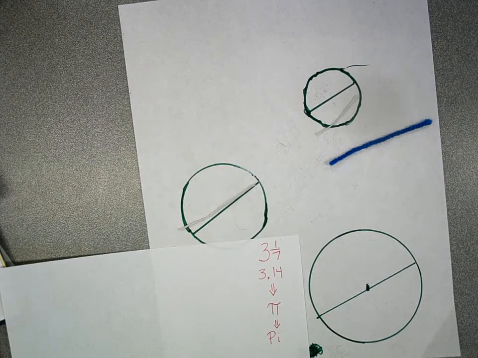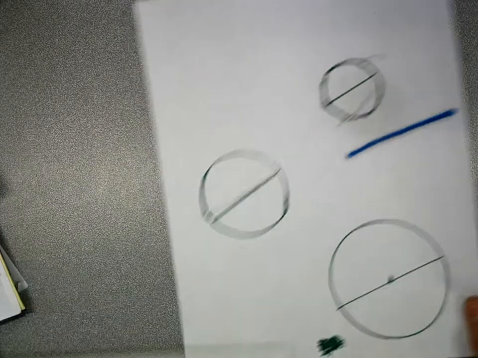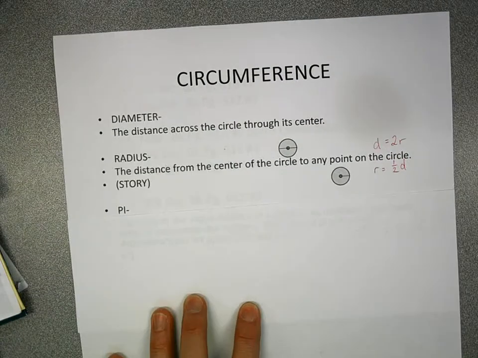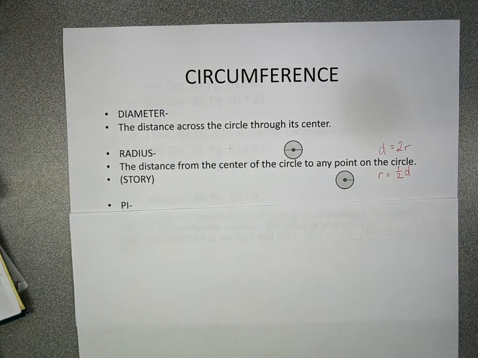So, what we want to take a look at is this last vocab word. And that vocab word is the word pi. Everyone? Pi.